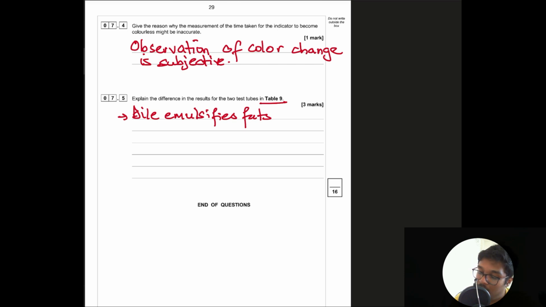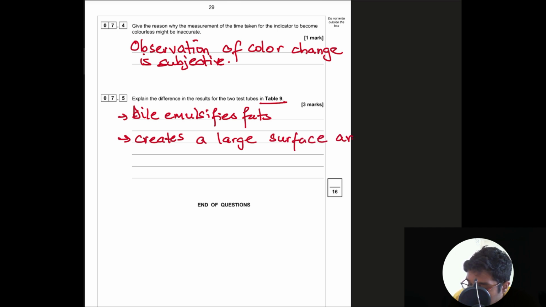And the emulsification creates a large surface area. When you're talking about emulsifying, you have to be talking about larger surface area. Creates a large surface area. So lipase, don't say breakdown because breakdown is not very biologically correct. So lipase hydrolyzes.